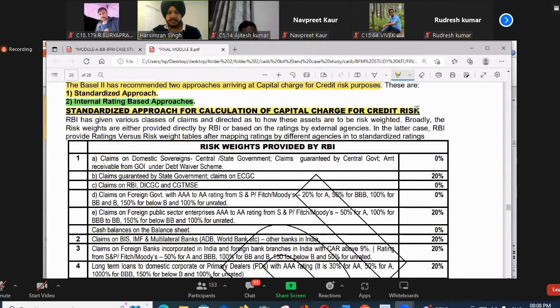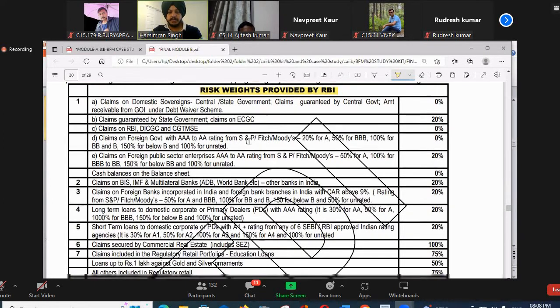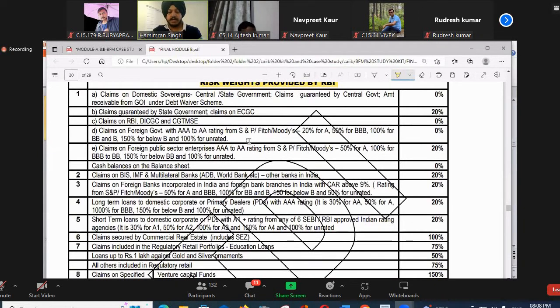In standardized approach, okay, these are the risk weights that have been provided by the RBI. So some of the important that you have to remember are, I'll tell you. ये एक तो ये देखो, cash balance on balance sheet, there is zero risk.